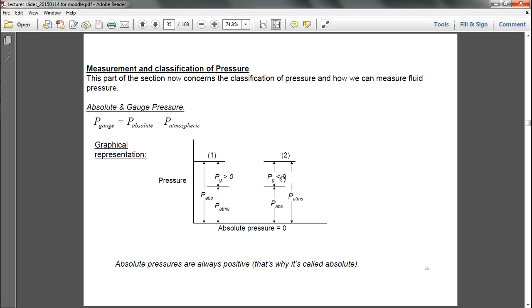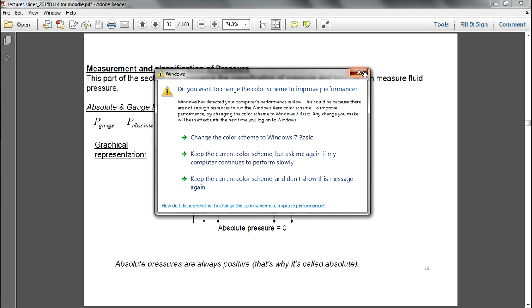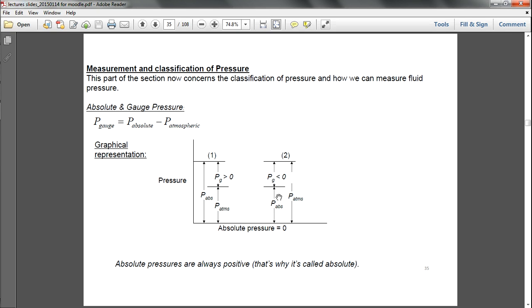If the pressure is lesser than 0, lesser than atmospheric pressure, it will actually create a suction that sucks everything in, because your absolute pressure is already lower than your atmospheric pressure, due to the fact that the gauge pressure is negative.